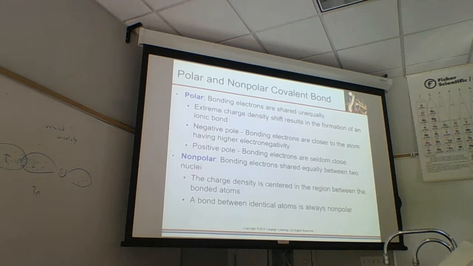Bond polarity is how the tug of war results. So for example, if I take a look at sodium and chlorine, there's a pretty big difference in the strength of these.